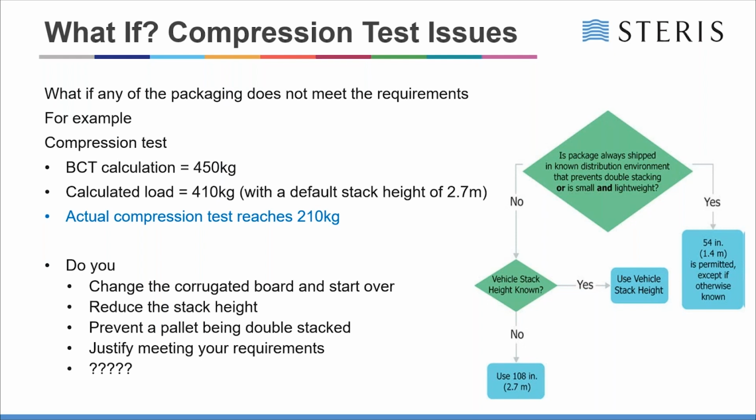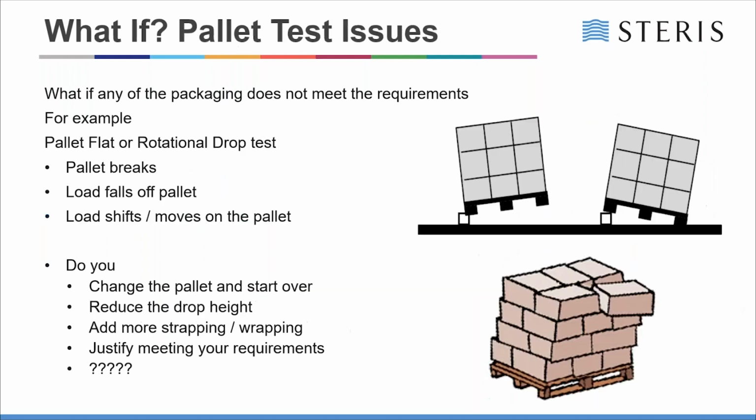What do you do then? Again, the same questions apply. Do you reduce the stack height, change the corrugated board, prevent the pallet from being double stacked, or justify, again, based on your risks or the risk to the product, the actual meeting requirements?